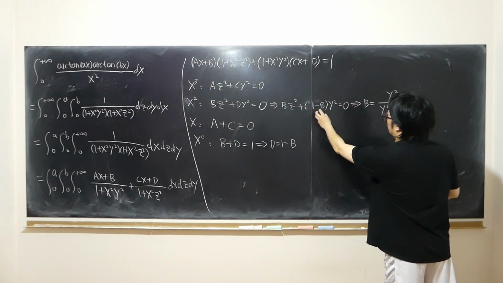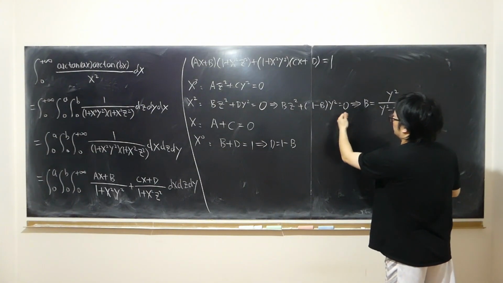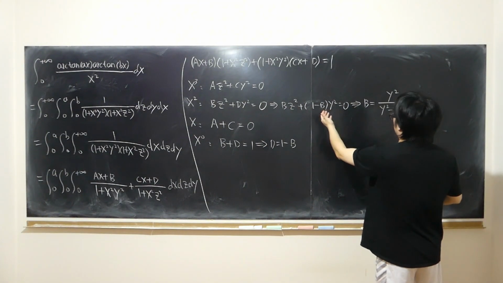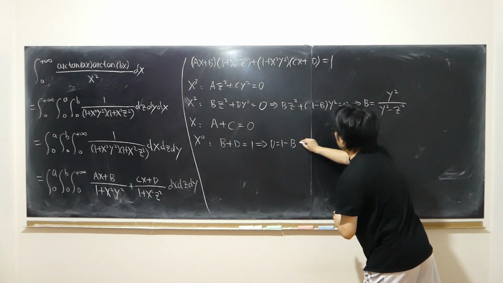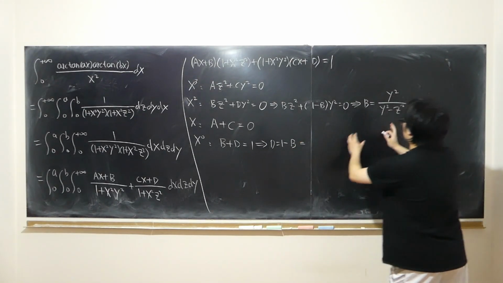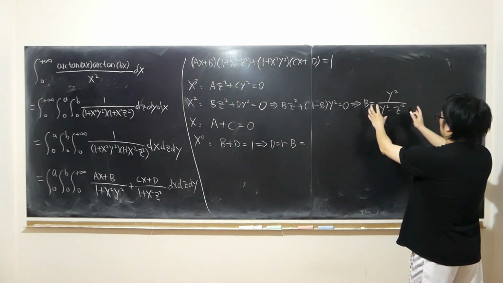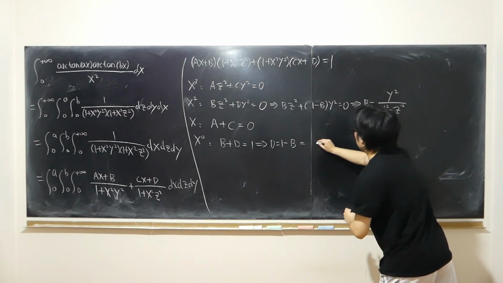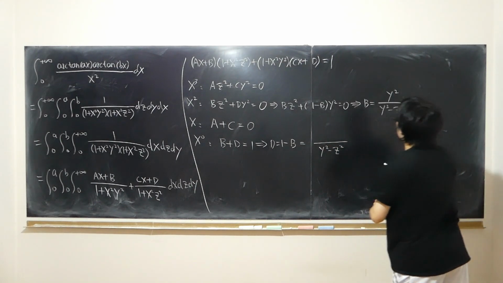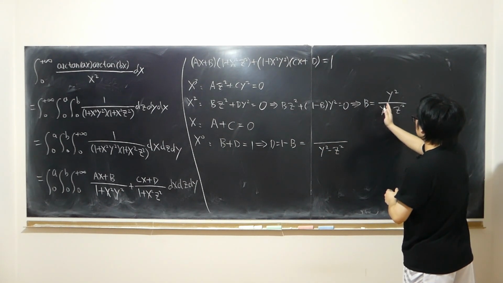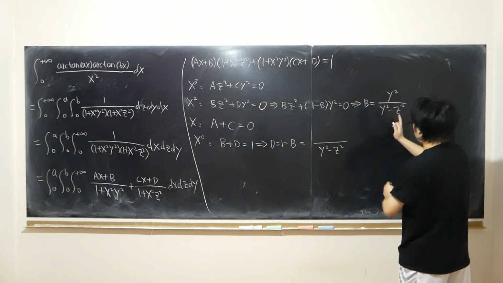Y squared stays here, negative b y squared to the other side, positive b y squared, this to the other side, negative b z squared. Now 1 minus b, b we know is this one. 1 minus b, what is that? Imagine 1 minus this one. What is it? Negative z squared over y squared minus z squared.